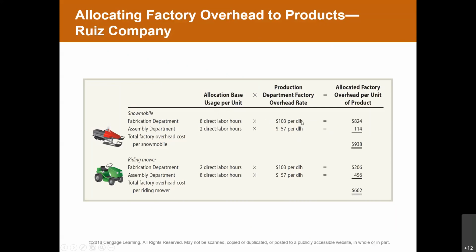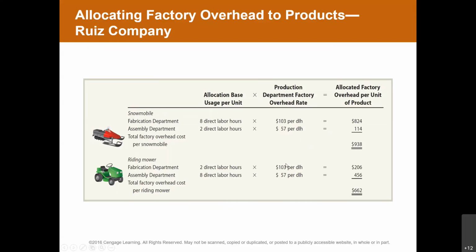So what we do is we multiply across. 103 times 8 is 824. That's for the fabrication department for the snowmobile. Then we have $57 per direct labor hour times 2. That's 114 for the assembly department. We add those two together to get $938 of total factory overhead cost per snowmobile.